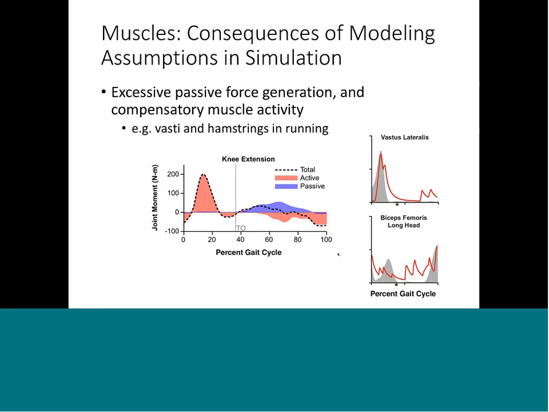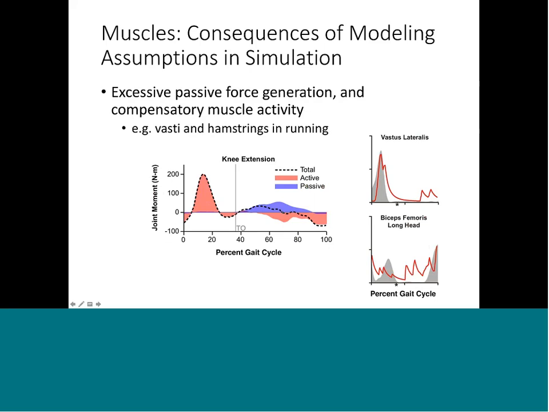This overestimation of muscle fiber length change also leads to excessive passive force generation, and we see compensatory muscle activity as a result in simulation. So for example, here we're looking at the knee extension moment with respect to percent gait cycle for the same simulation of running. The red is the active joint moment produced by muscle, and the blue is the passive moment.